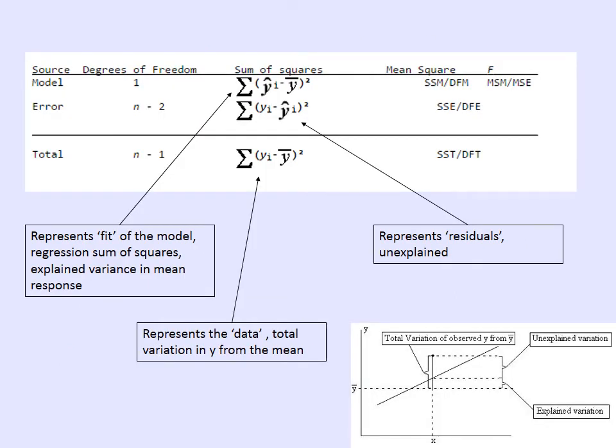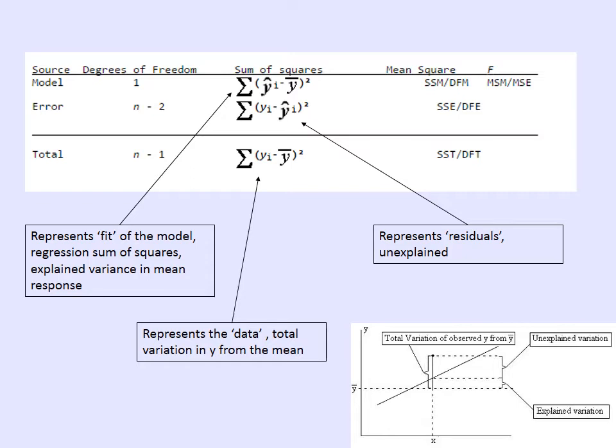Here's an ANOVA table showing the sum of squares values and the degrees of freedom for a simple linear regression. That model sum of squares, or regression sum of squares, as we just saw, is the fit of the model. It's the explained variance in mean response, and we can see it on the graph over there.